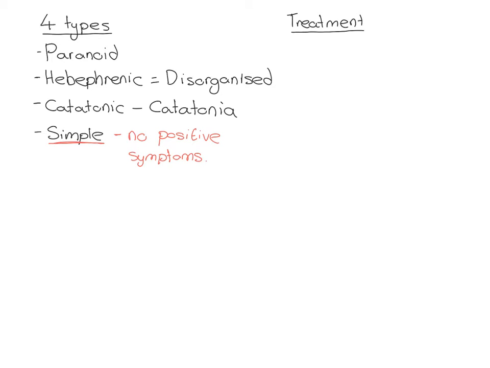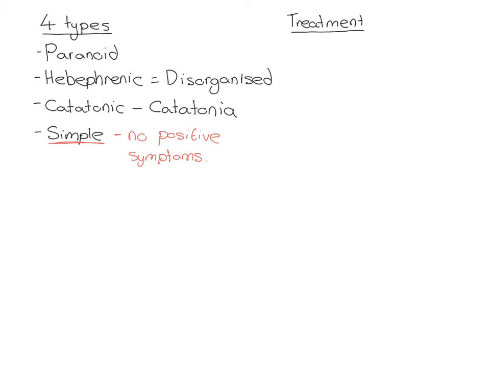And as I said earlier, even tobacco and alcohol are now being acknowledged as risk factors for developing schizophrenia. So one of the key things in the treatment of someone with schizophrenia is to try and stop them using recreational drugs.